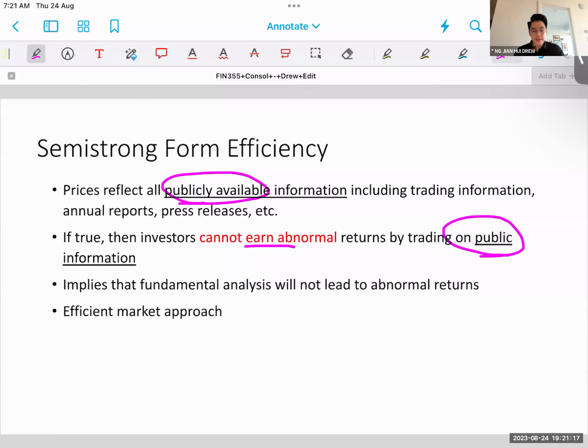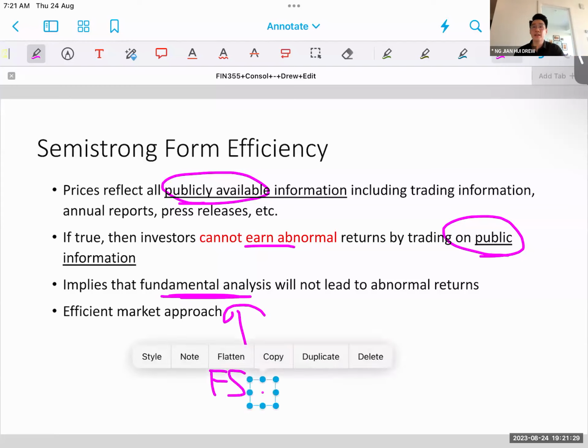So if the market includes all public information, what does that mean? If you do fundamental analysis, the idea of which we'll cover in just a bit, you look at the financial statement, the FS, analyze the ratios and all the details, and try to pull out some value from there, and say, at the end of the day, the stock is undervalued and therefore you should buy.